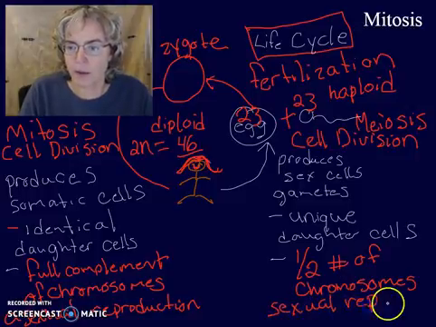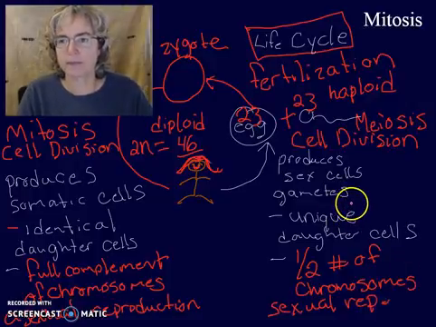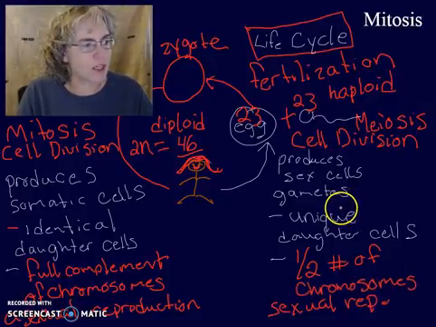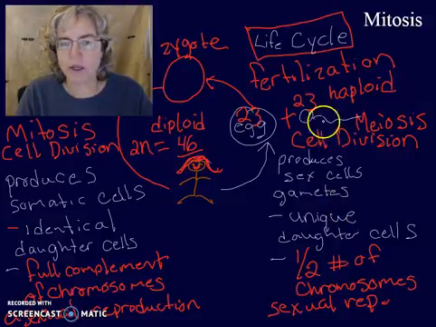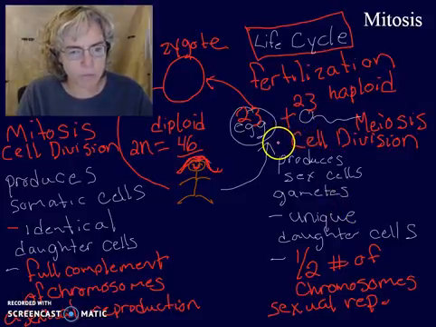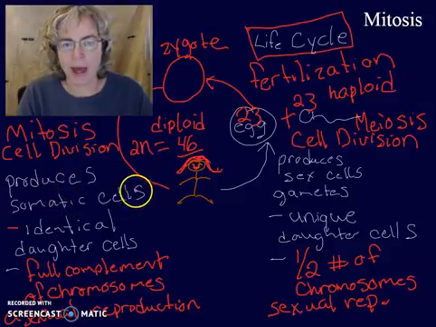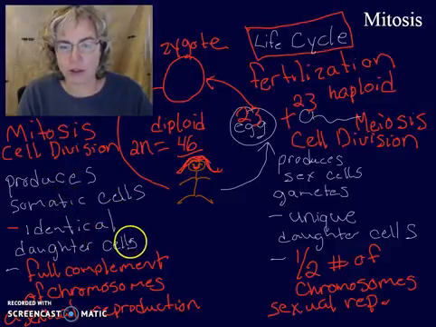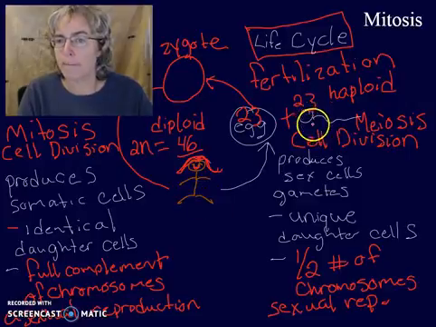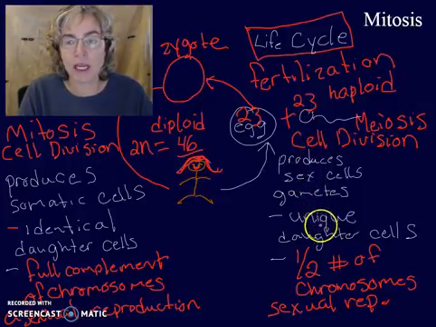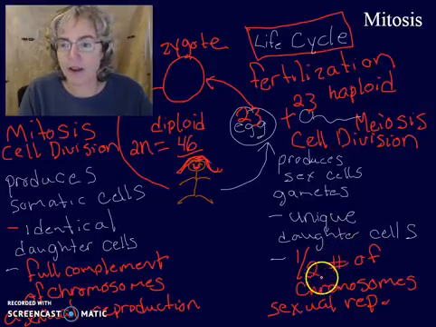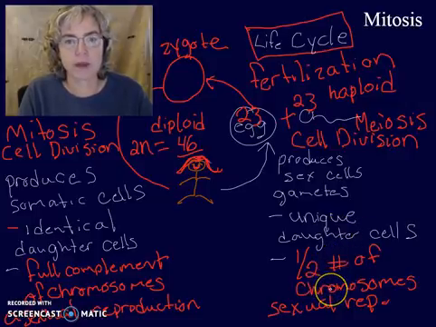Okay, so I think that's everything. Look at my notes. We have mitosis produces somatic cells, identical daughter cells, full complement of chromosomes. Meiosis produces sex cells or gametes with unique daughter cells and half the number of chromosomes.